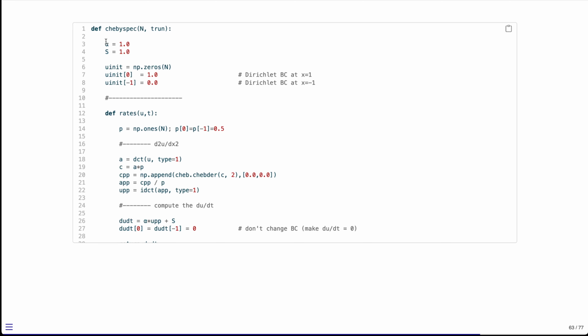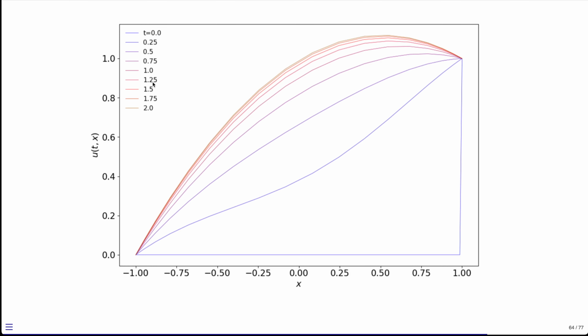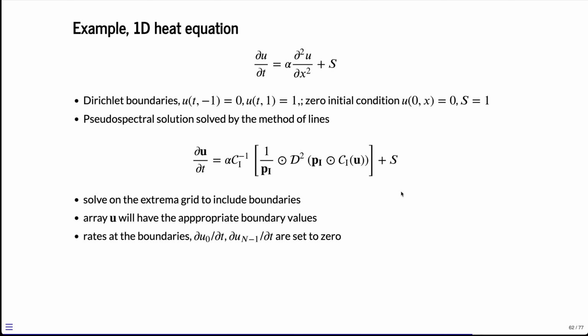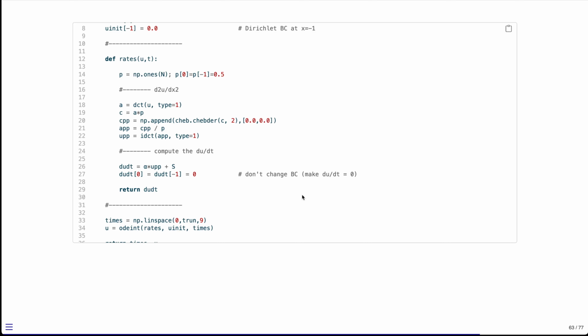We have the diffusivity here is 1, source term is 1. Our initial condition is 0 everywhere except we set the boundaries to be consistent with our boundary conditions. And then the rates function is effectively our right-hand side here. We're going to evaluate that rates function. And for that, we first take the discrete cosine transform, type 1, because we're on the extrema grid.